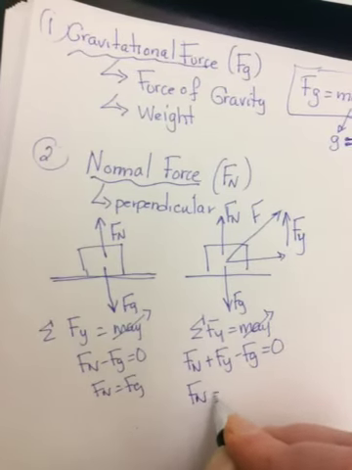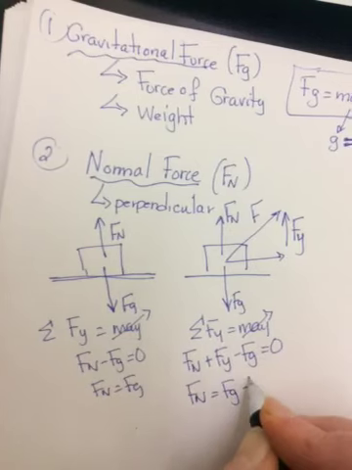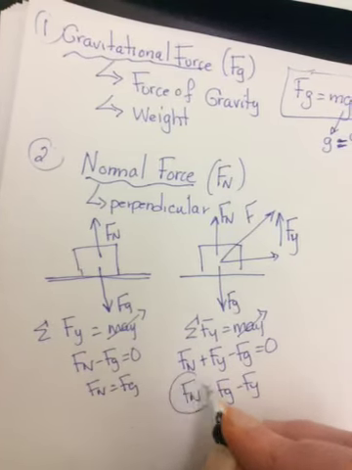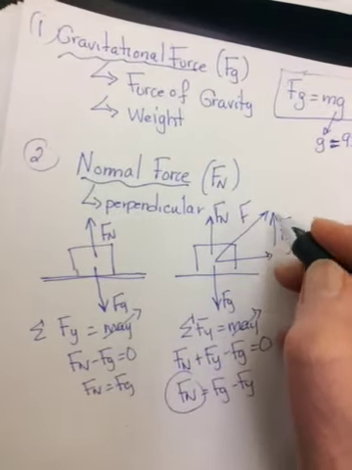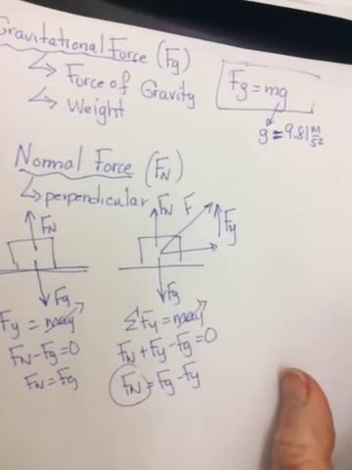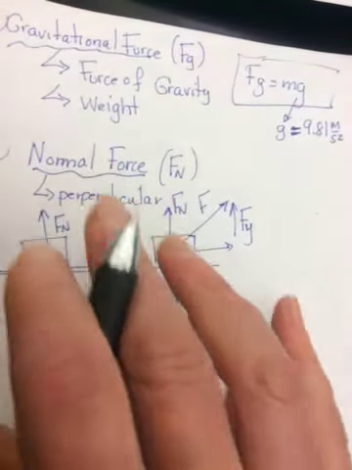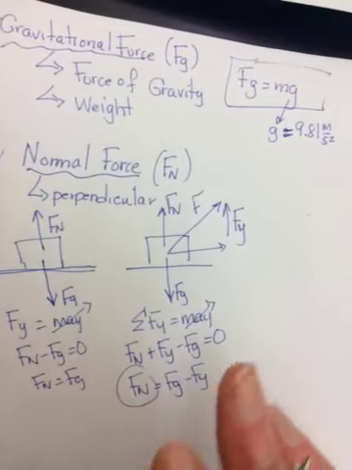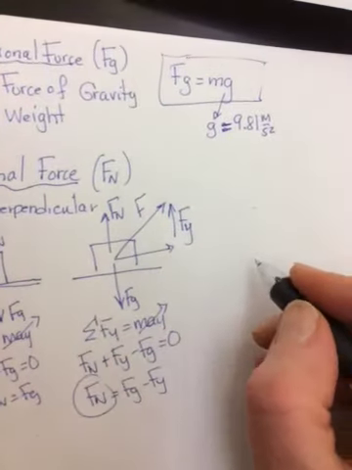So now the Fn will equal Fg minus the Fy. Its Fn will be less because you're pulling upward on a rope, you're taking some of the weight off the surface. So please don't tell me that normal force is always equal to the weight. It isn't. Even when it's on a level surface.